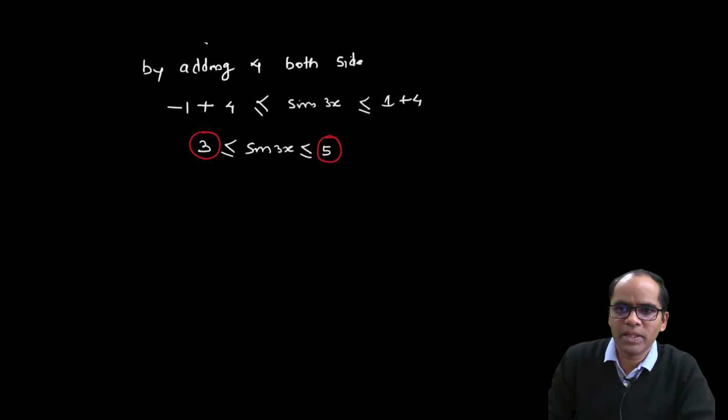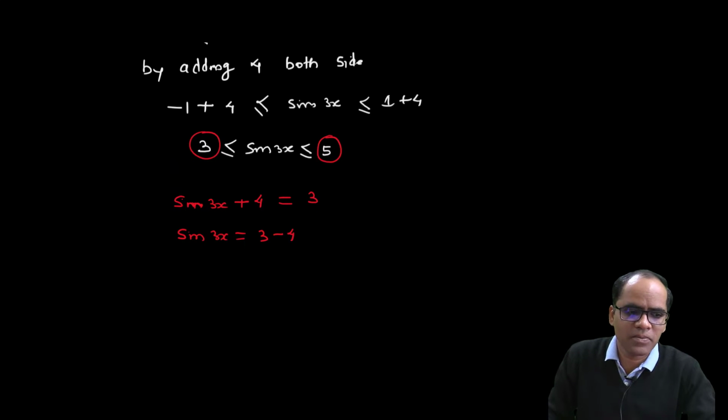So we will equate sine 3x plus 4 equal to 3. So sine 3x is equal to 3 minus 4. So this will be sine 3x is equal to minus 1. So minus 1 is what?